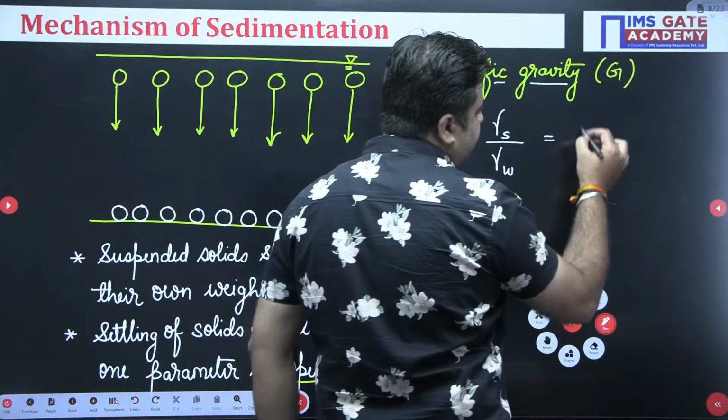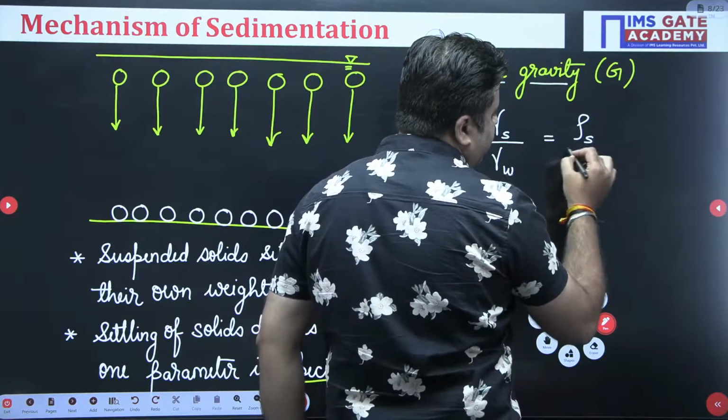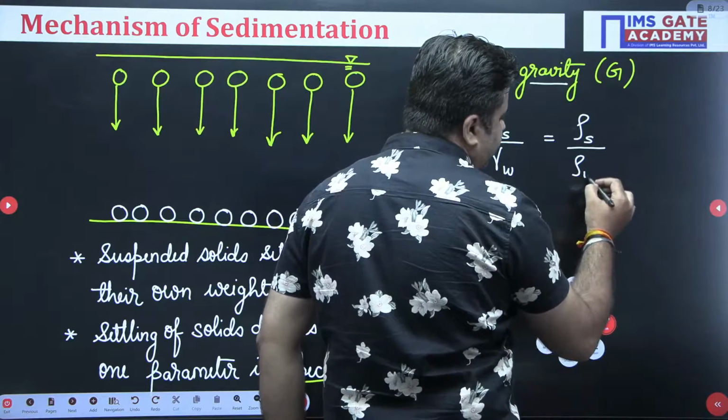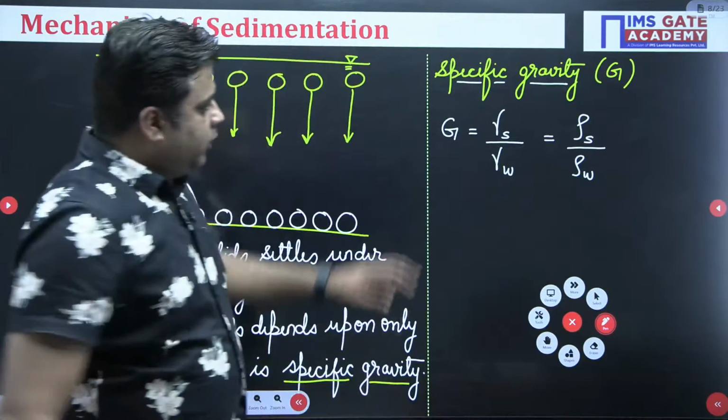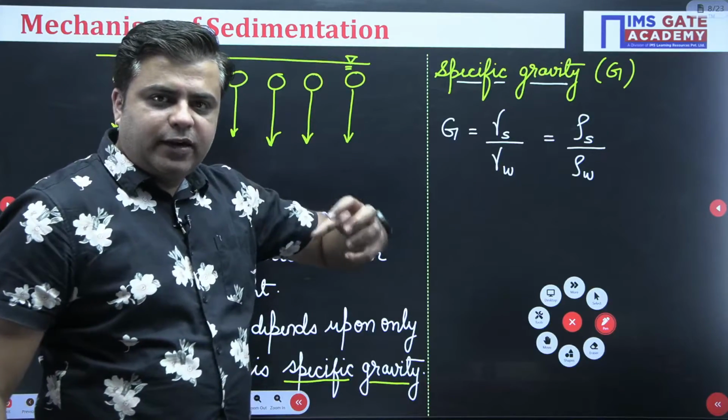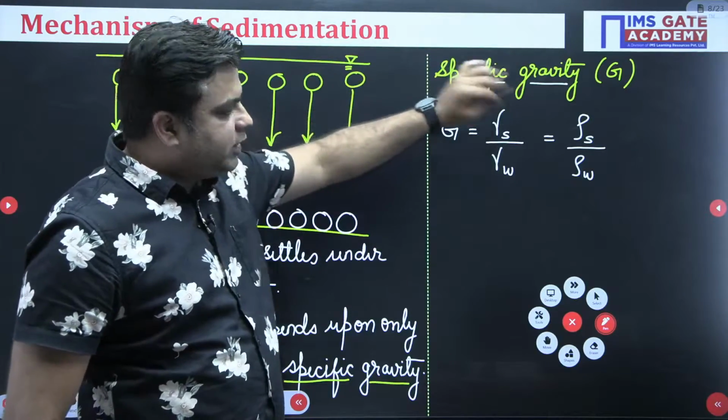It can also be taken as the ratio of density of solid to density of water. This water for us is the standard fluid, right? So, this is how you measure the specific gravity.